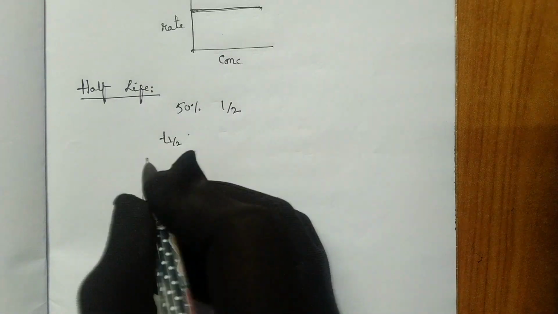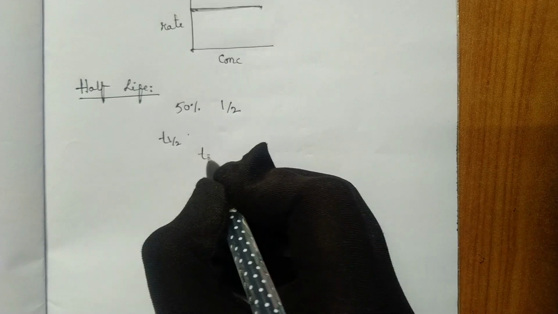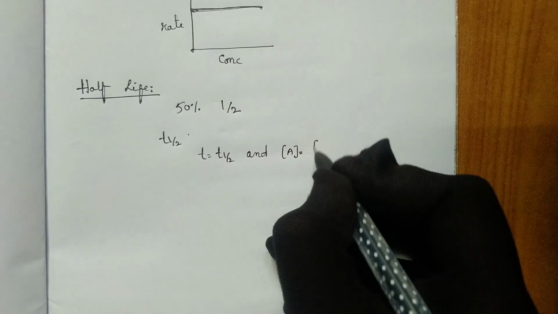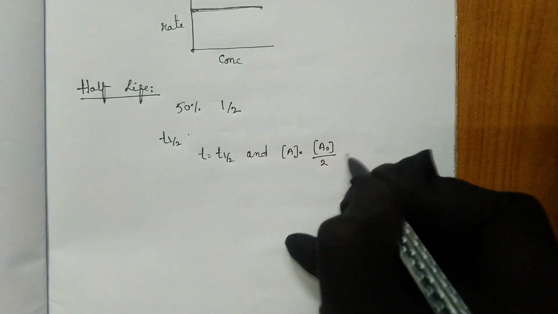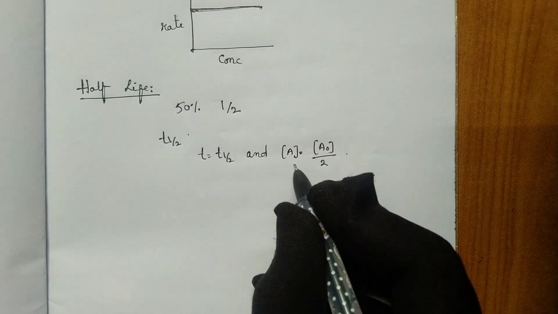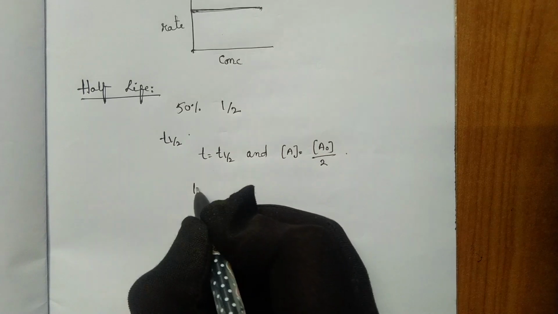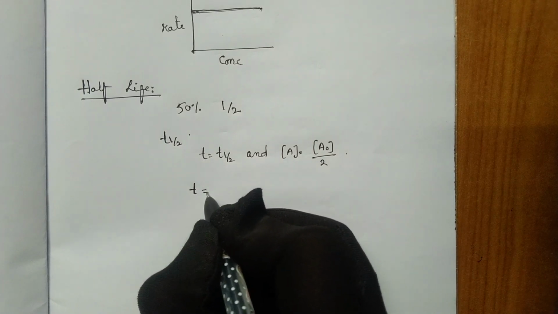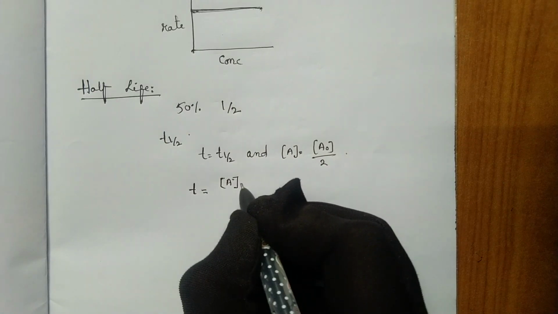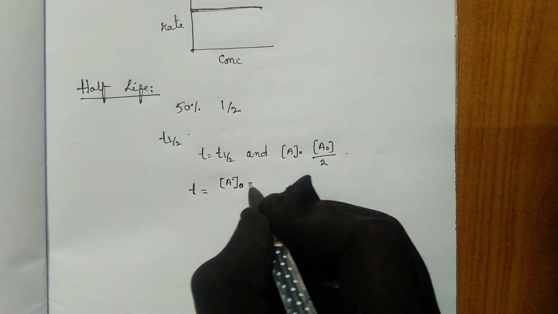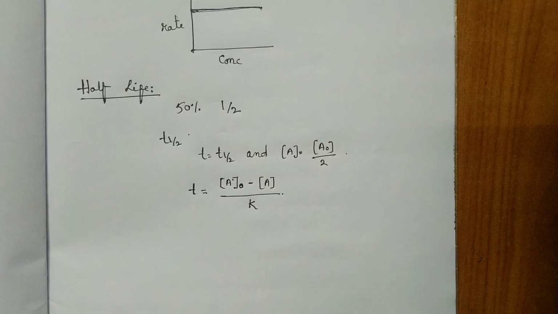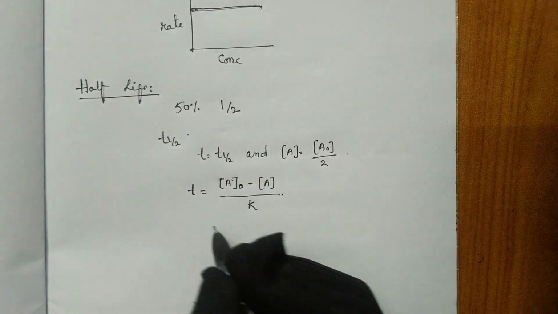To find the half-life of a zero order reaction, substitute t = t half and the concentration of A = initial concentration divided by 2, half of its initial concentration, in this equation: t = ([A]0 - [A]) / k.